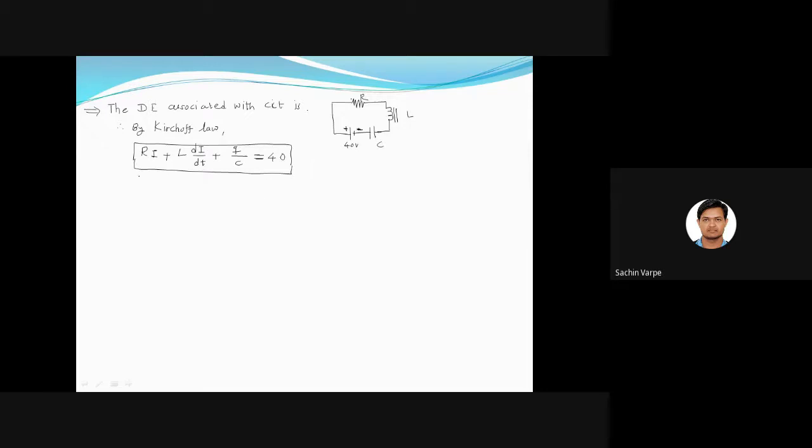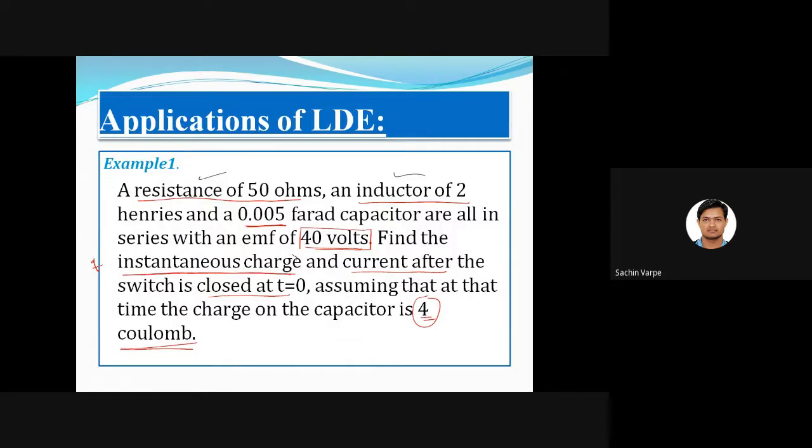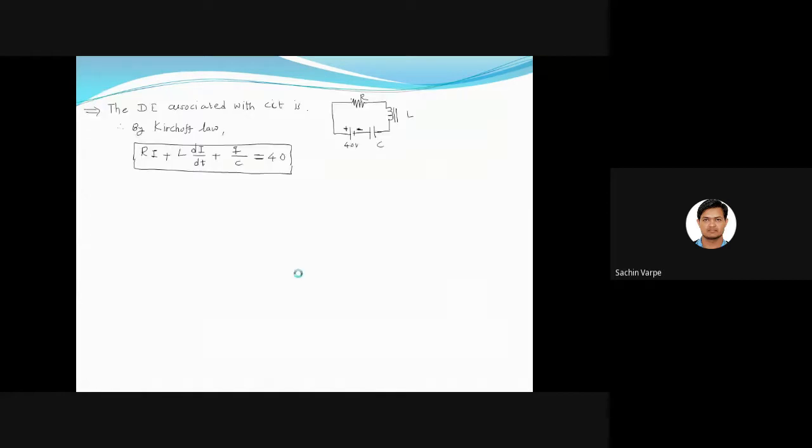So we are asked to find the instantaneous charge and then the current. So the charge is q. Let us write this differential equation in terms of charge. As we all know, current I is nothing but the rate of flow of charge, dq by dt. So let us substitute this value here.